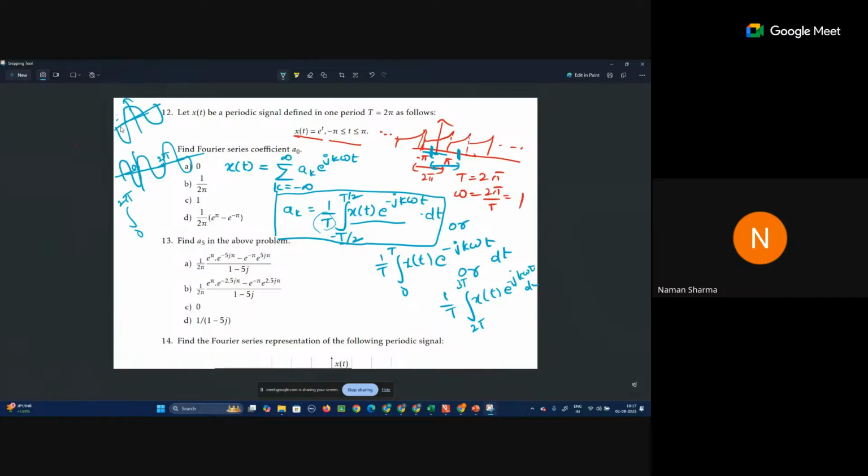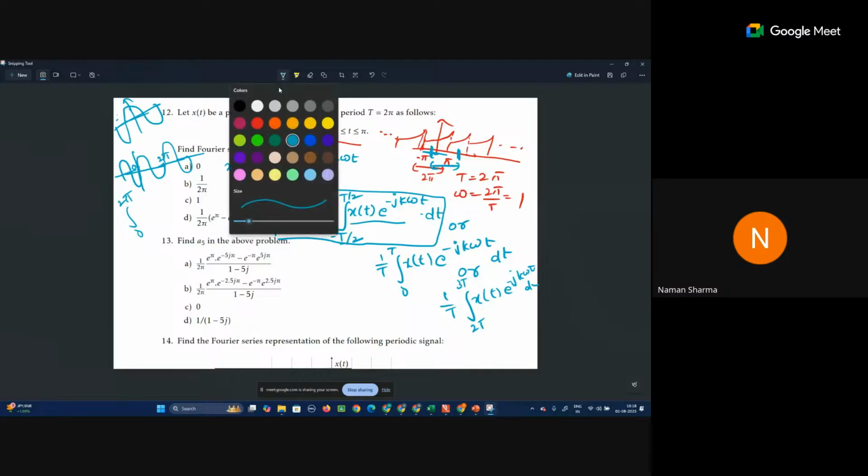Now you are clear, right? In that time duration, we'll be taking this formula according to the convenience. That's why I have written ak is equal to 1 by T integral, just T. In the time limits you can consider according to the convenience. Yeah, ma'am. That was what I was asking.